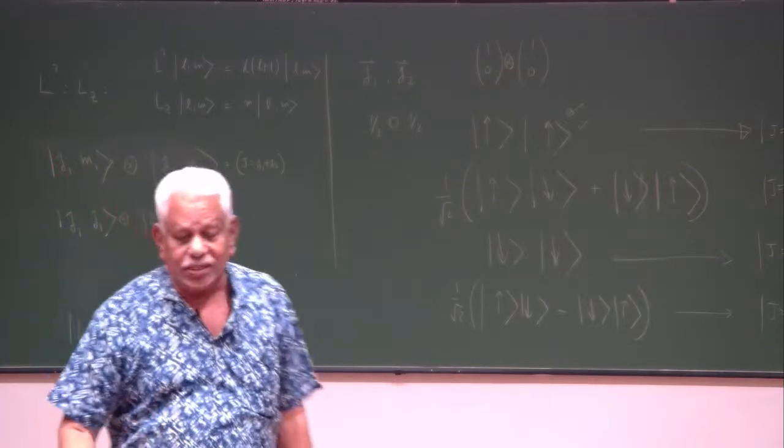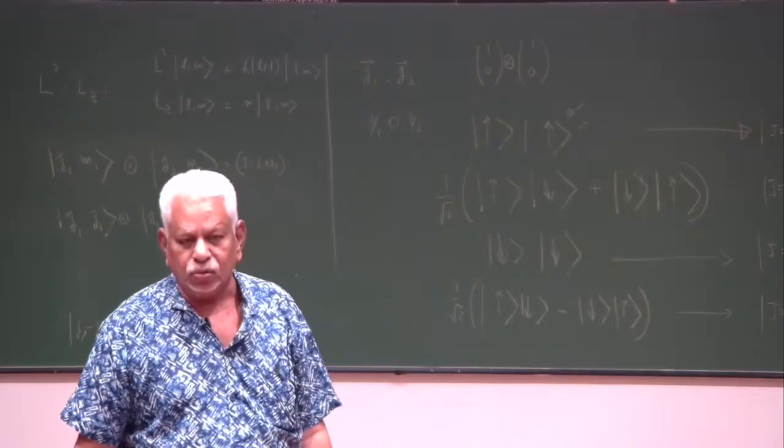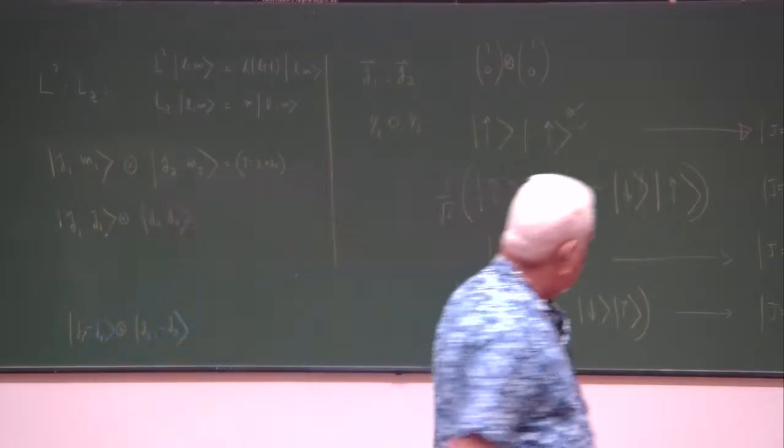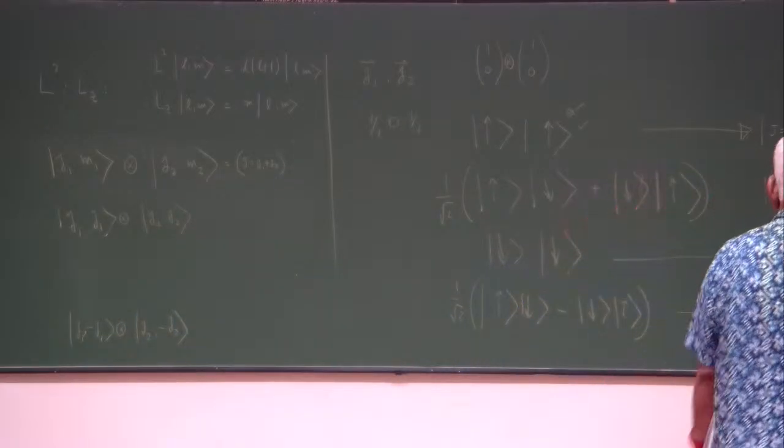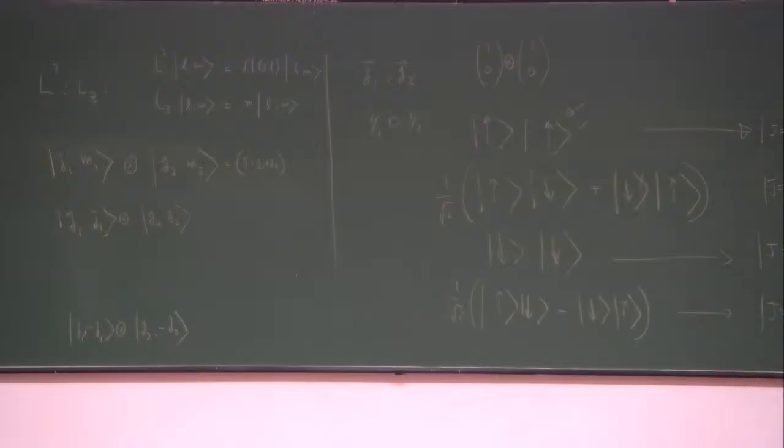Now what are the other things that can be there? That is the question. Since J1 plus J2 is maximum, you cannot go beyond that, so the others have to be less than that. So what is the lowest that can be there? The lowest that can be there is J1 and then minus J2, or minus J1 and plus J2.